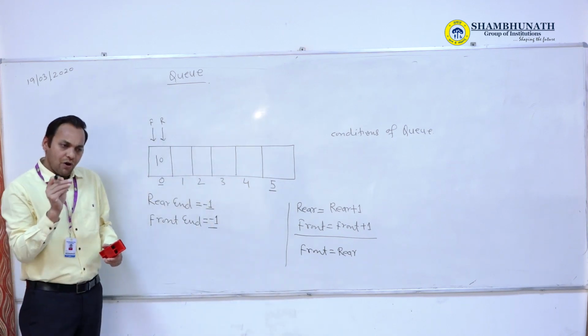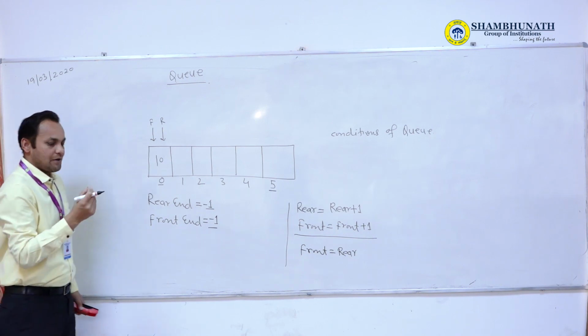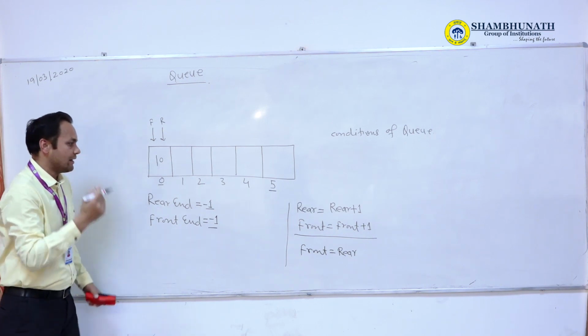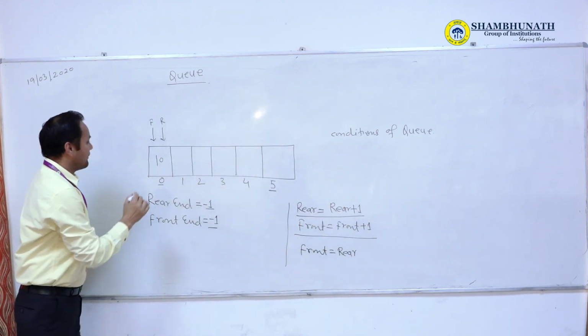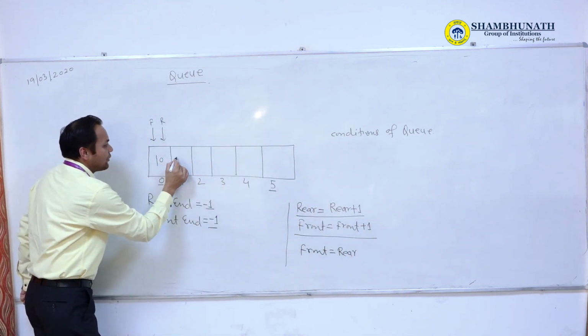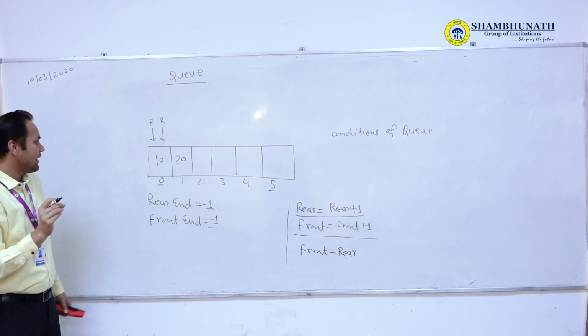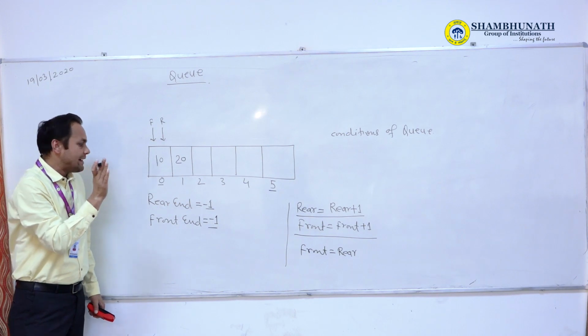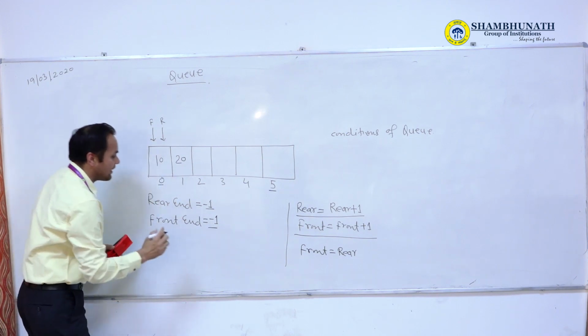If the user wants to insert another data element into the queue, the rear will increase by 1, because I have mentioned here. If we insert another element like 20, the rear will increase by 1.